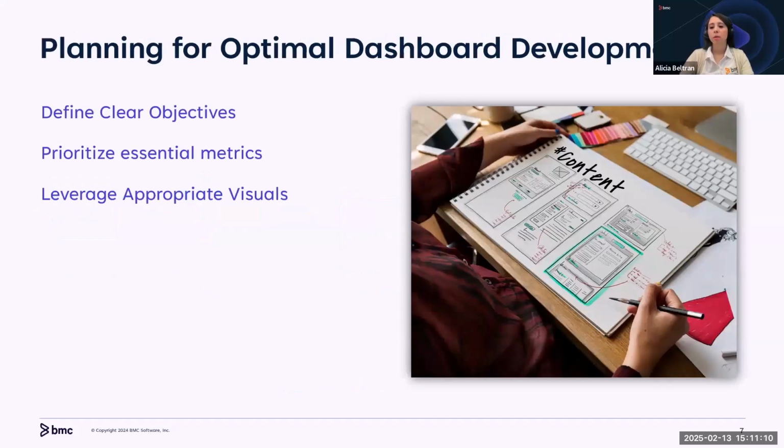We are going to start with the planning for optimal dashboard development. In this area, we are focusing on three core principles. First, we need to begin with a clear understanding and purpose of the dashboard by keeping the dashboard for a specific module and use case. Then we need to identify the audience and tailor the dashboard to their specific needs by adding required conditions.